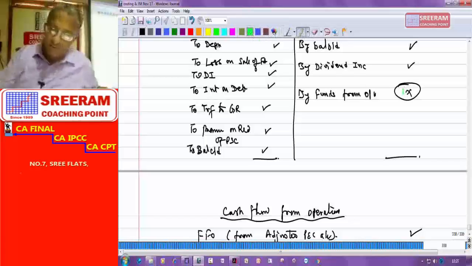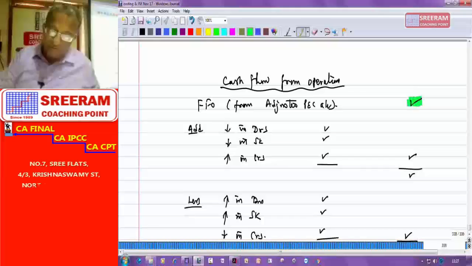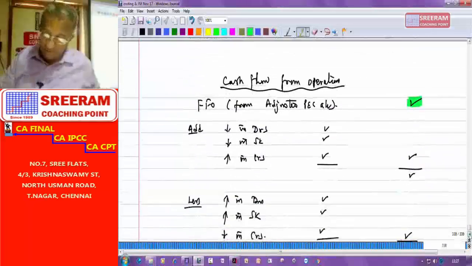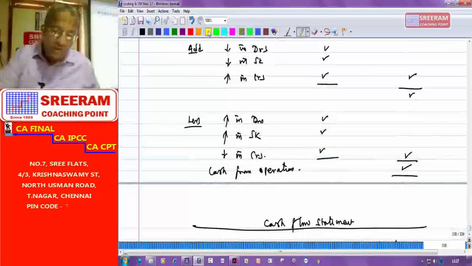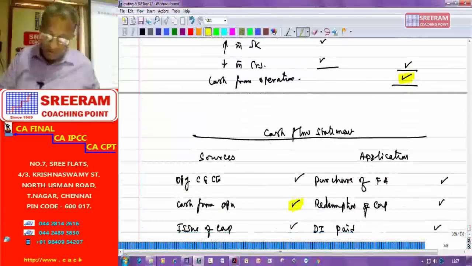What is that? This X is what we have taken up here from the adjusted P&L account. Don't forget that. Green and green. And whatever number you get as cash from operation, that is the one we will take up here.